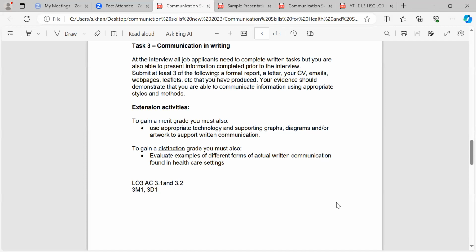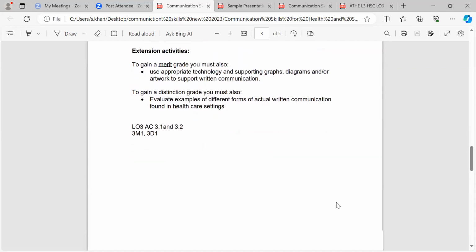Extension activity: to gain a merit here, you must also use appropriate technology and supporting graphs, diagrams, or artwork to support written communication. To gain a distinction grade, you must also evaluate examples of different forms of written communication found in health and social care. And that's LO 3, AC 3.1 and 3.2, 3M1 and 3D1.